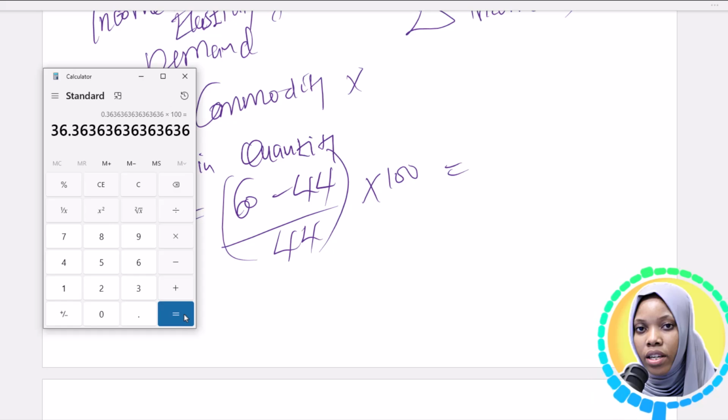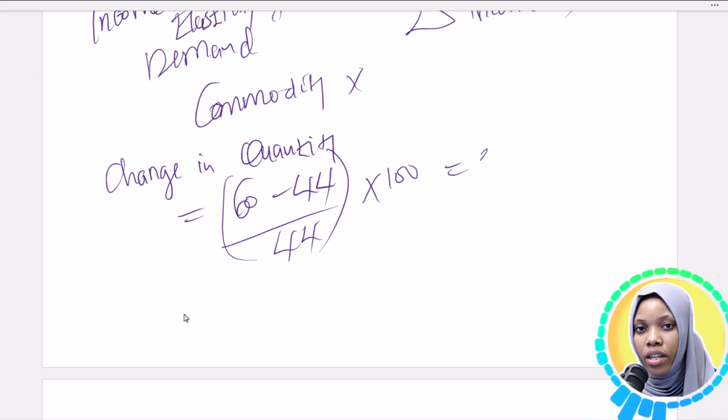And that gives us 36.36%. And then we calculate the change in commodity Y.